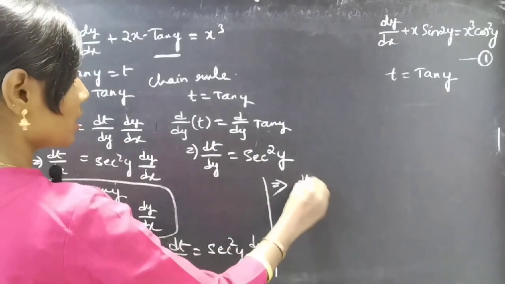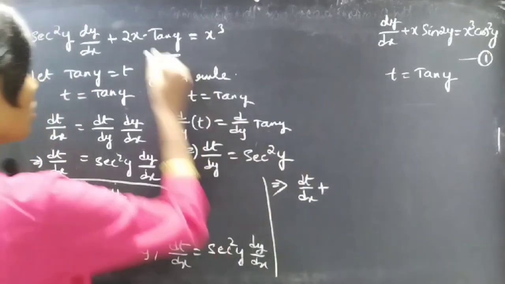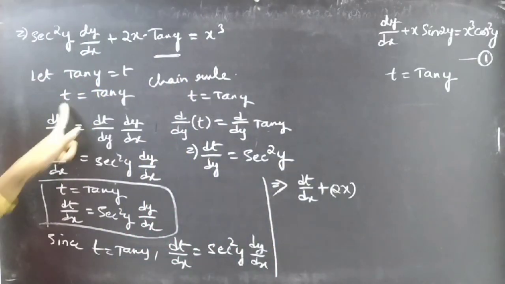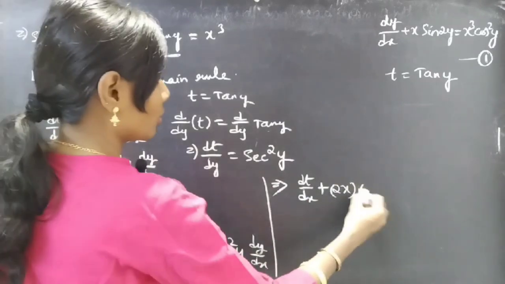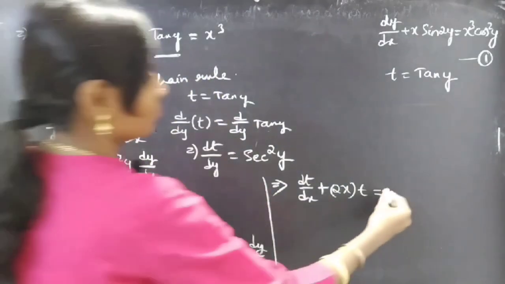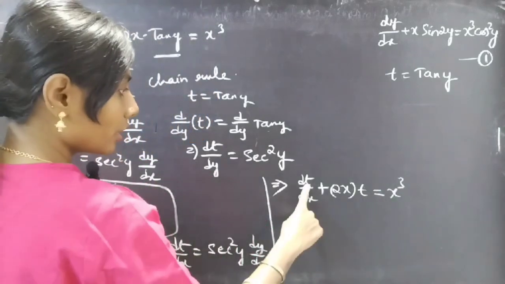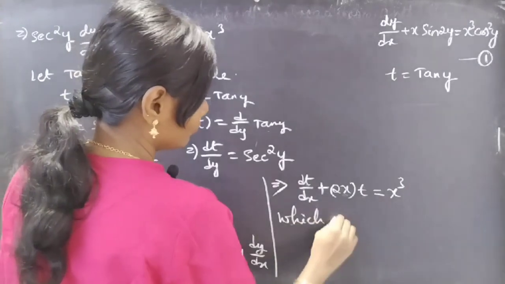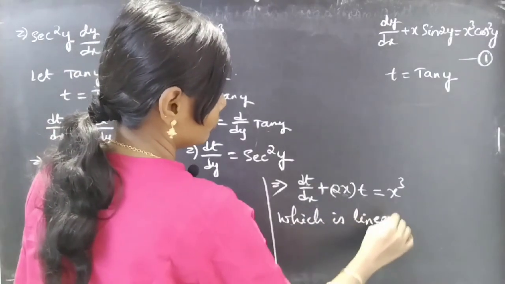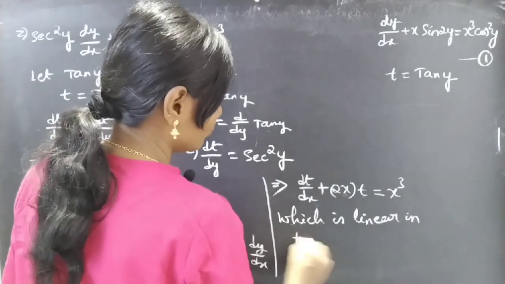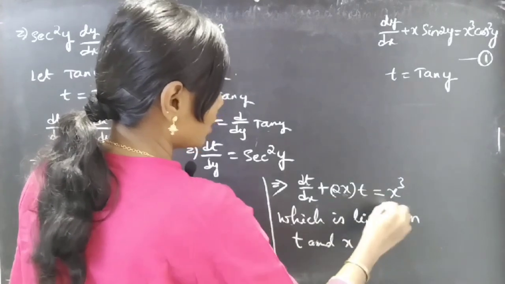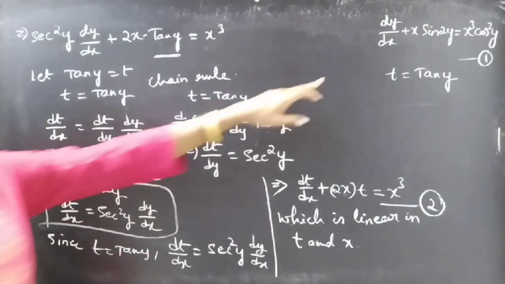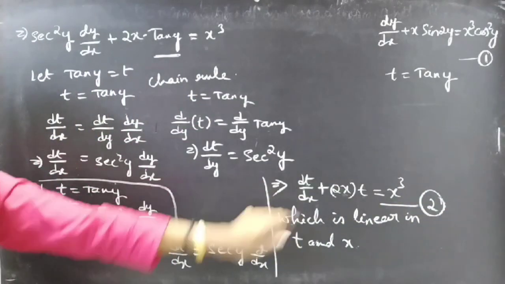So you'll get dt by dx plus 2x into tan y can be replaced by t equal to x cube, which is linear in t and x, right? Consider this equation as equation number 2. We have reduced the given differential equation to linear equation.